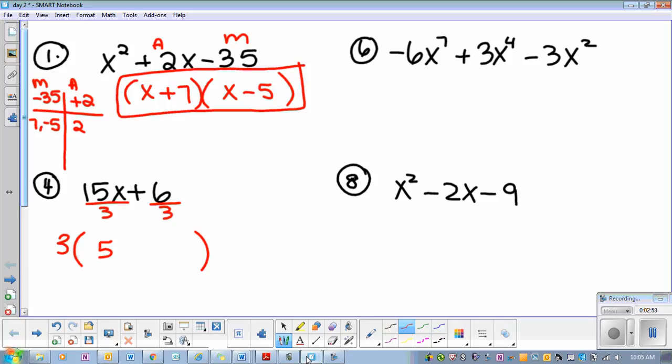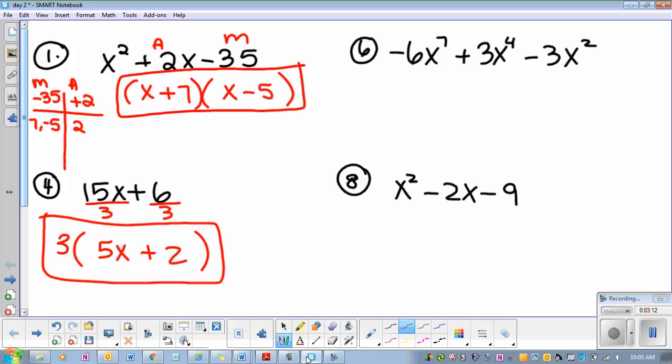Good. And what is 6 divided by 3? 2. And that's it. You can't do AM because you only have 2 terms. So it's 3 times 5x plus 2. Okay? Questions about this?